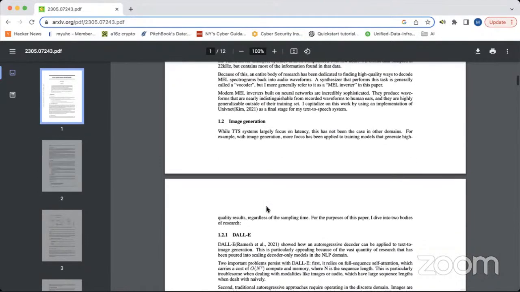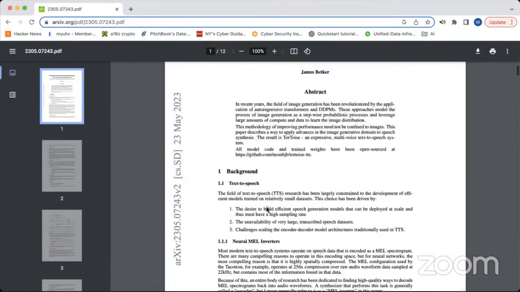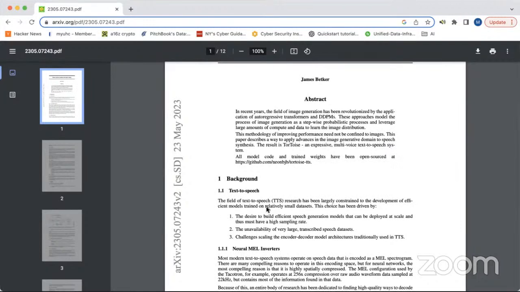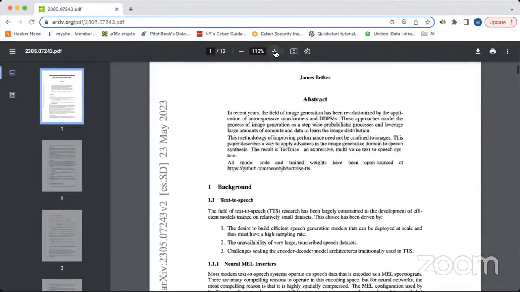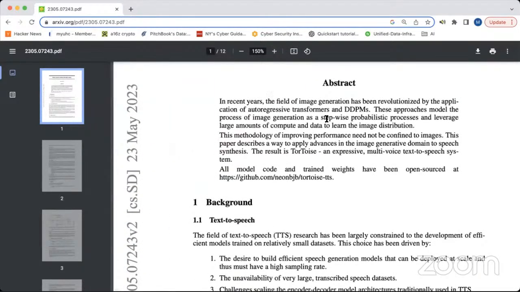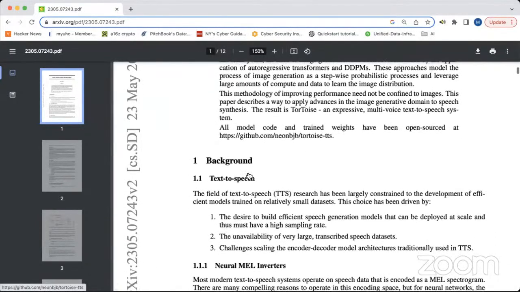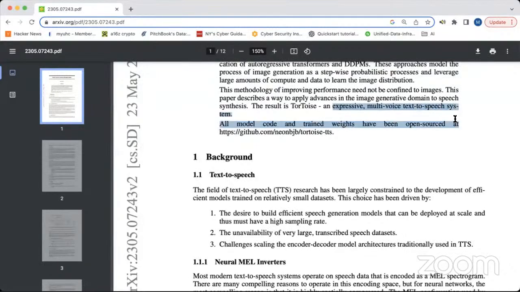What I found interesting is that the author says the recent advancement in the field of image generation has revolutionized the application of autoregressive transformers and DDPMs, and he combines those approaches. He heavily relies on the existing approaches of DALL-E and DDPMs for this paper, and of course autoregressive decoders as well. This is an expressive multi-voice text-to-speech system.